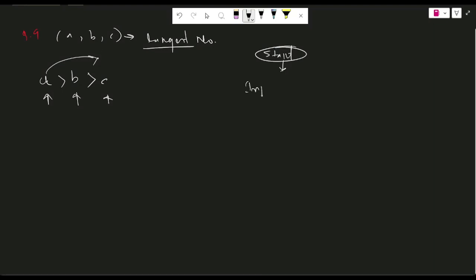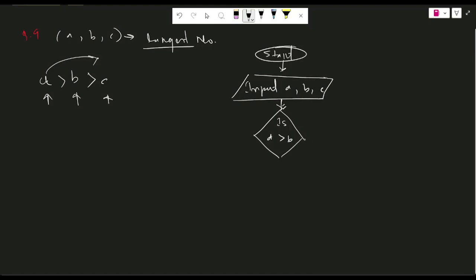Input a, b and c. Next, the first condition: let's take a greater than b. We have taken a condition where we have assumed that a is greater than b.